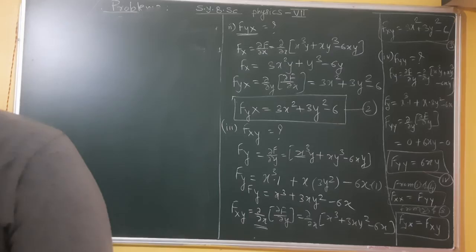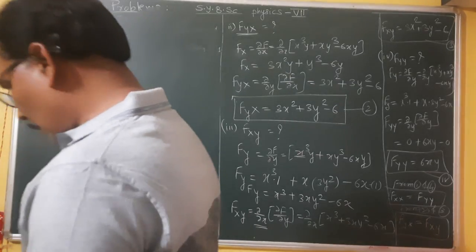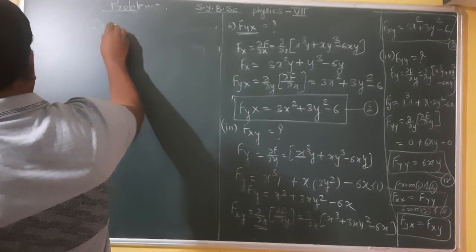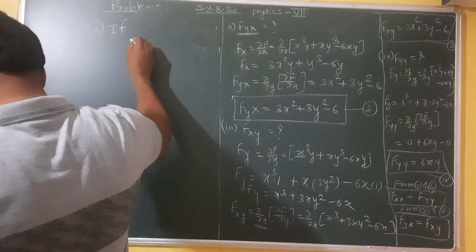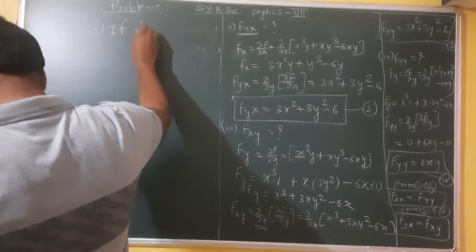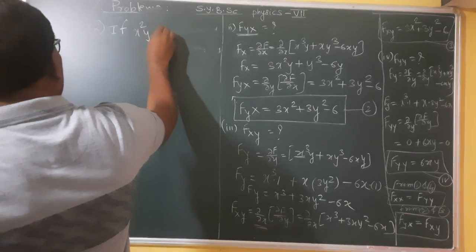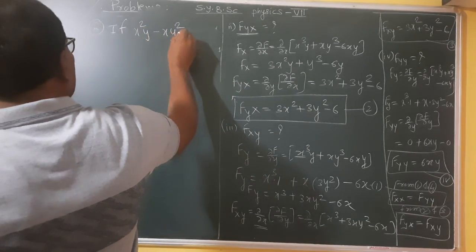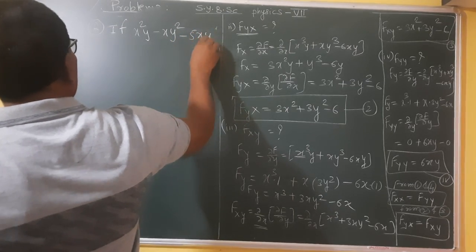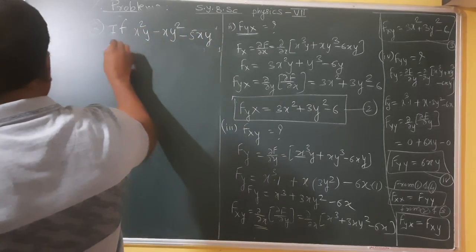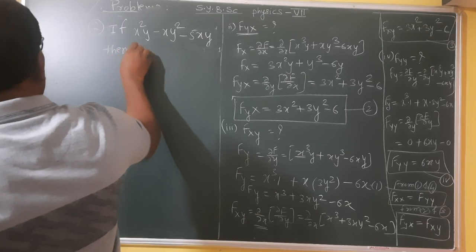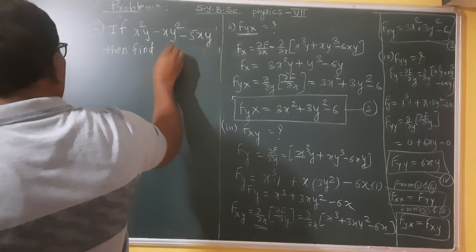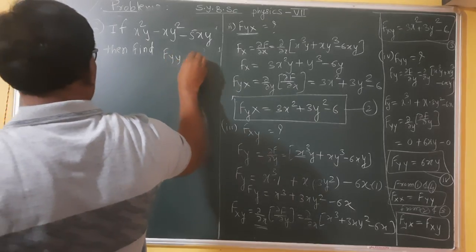In the exam, one more problem is asked here: if f = x²y − xy² − 5xy, then find fyy.